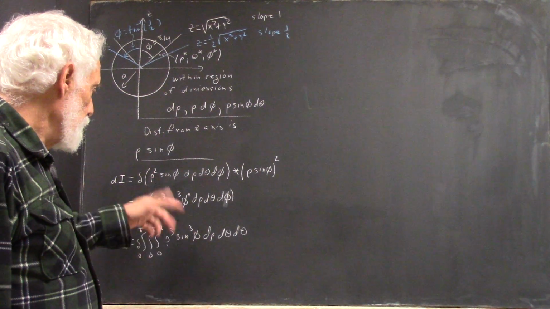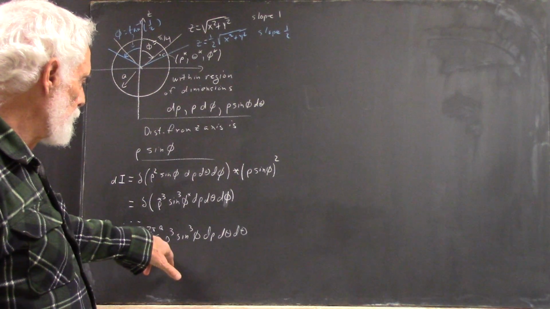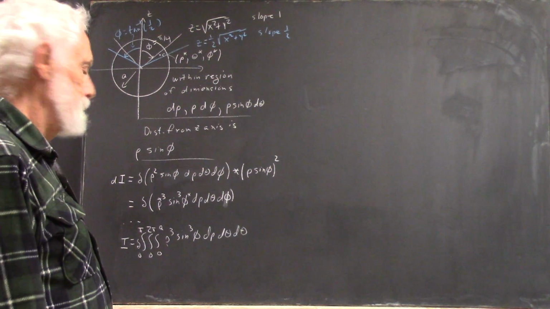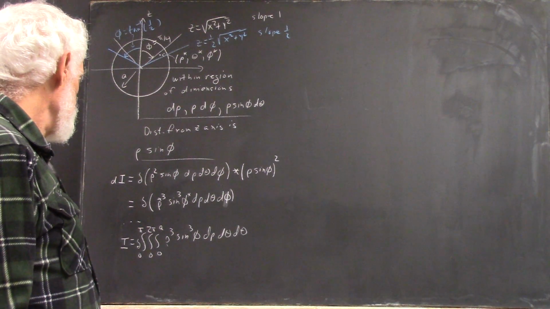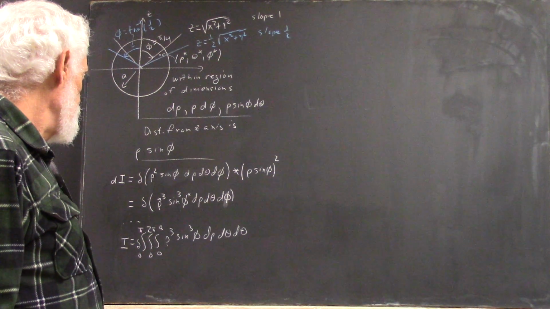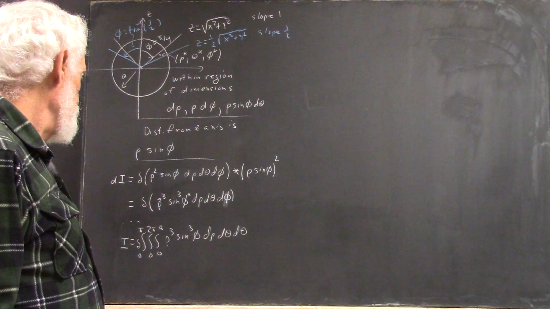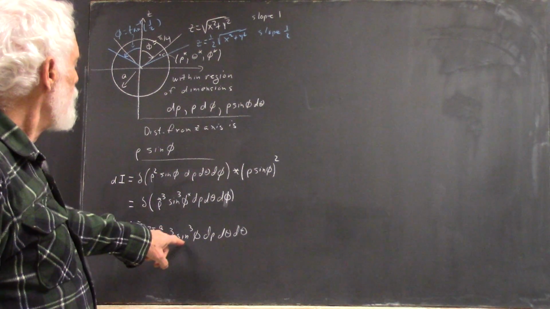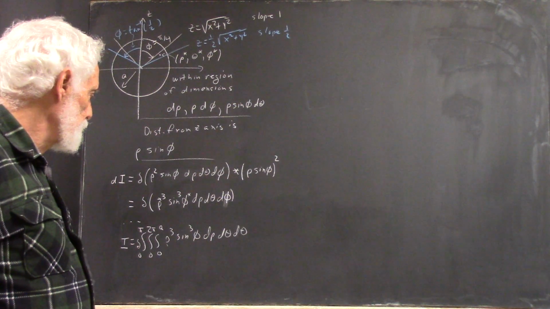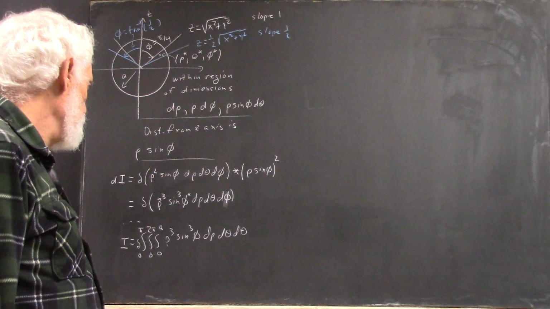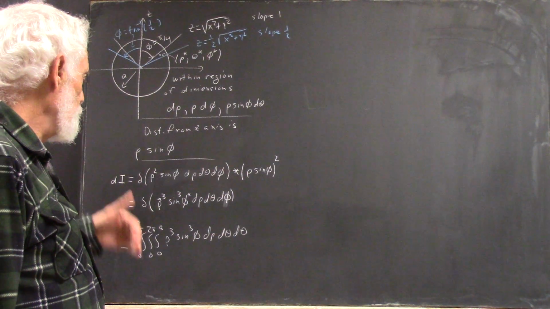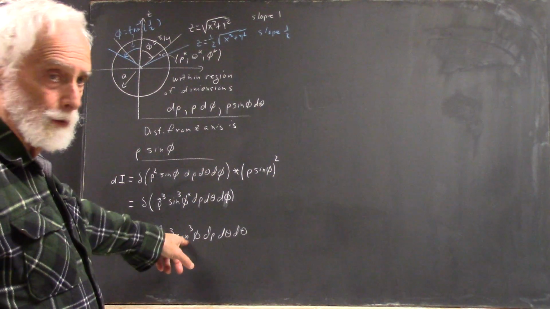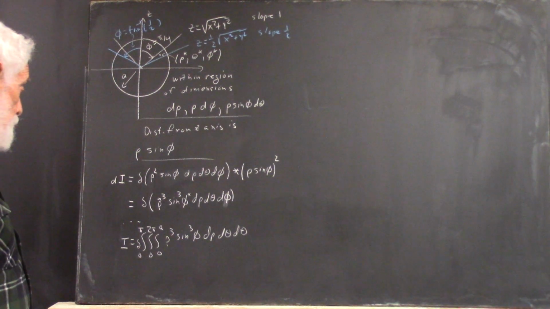Okay, you integrate rho, and you're going to have a to the 4th over 4 doing the rho integral. You have sine cubed phi, so you're going to let u equal sine phi, so du equals cosine phi d phi. And you're going to have a 1 minus sine squared times a sine and all that stuff, so it's easy to integrate an odd power of the sine.